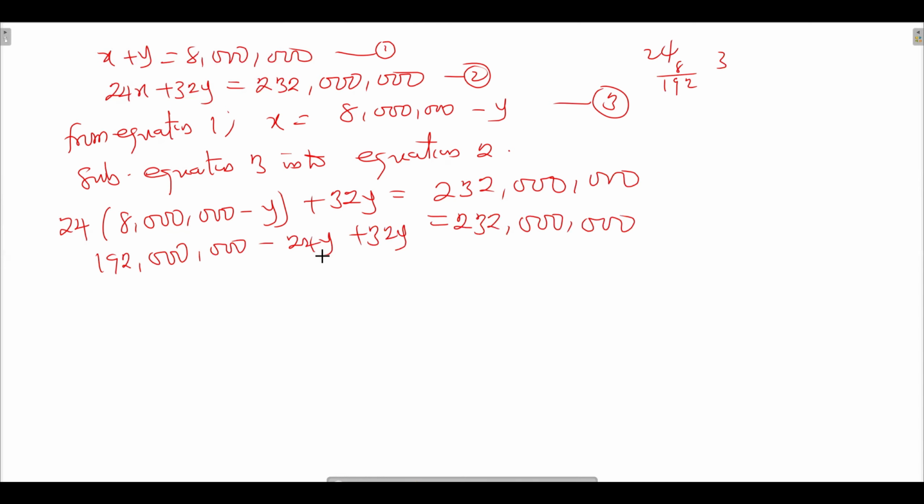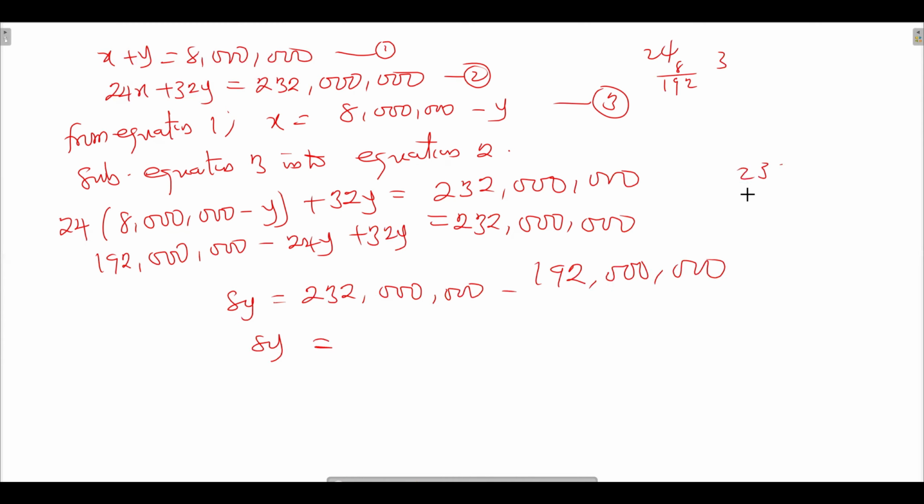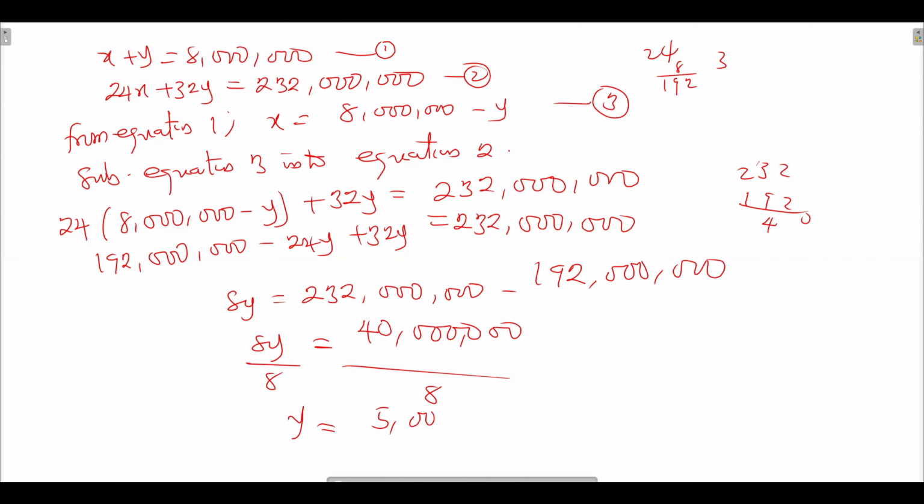If you collect like terms, that will be 8y equals 232 million minus 192 million. That means 8y equals 40 million. Divided by 8, y becomes 5 million.